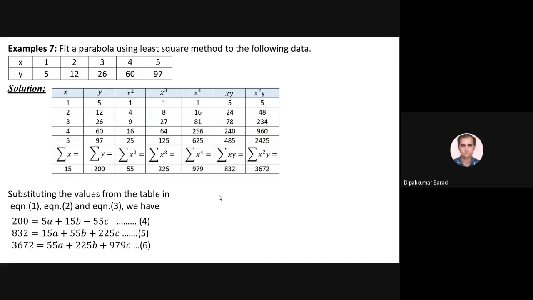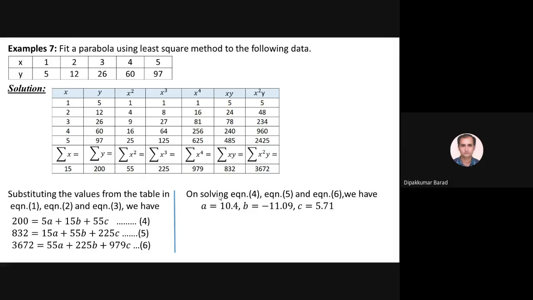Apply the Gauss elimination method and solve it, then you get a equal to 10.4, b equal to minus 11.09, and c equal to 5.71. Similar to the manner we have seen in the previous example.